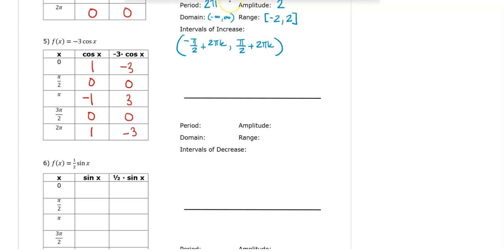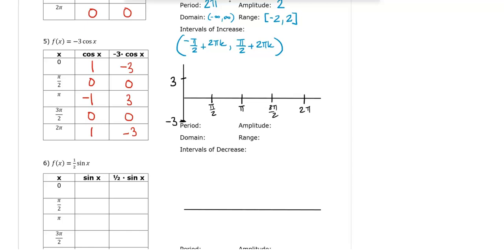Okay, so let's make our graph. We're going to make this be -3 and this be 3. And again, I'm just going to make a few little tick marks to match whatever I've got on my table right here. I'm going to go from 0 to pi over 2, pi, 3 pi over 2 to 2 pi.